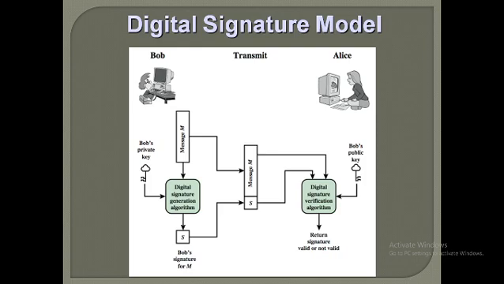So this is the digital signature model, where Bob would be transmitting and Alice will be receiving. Here we have the message, and the digital signature signed by Bob's private key is also added, and Bob's signature is added along with the message. The message is in the open.